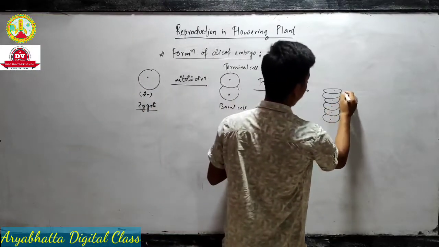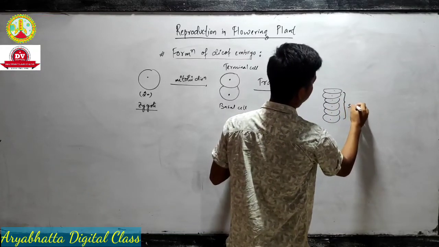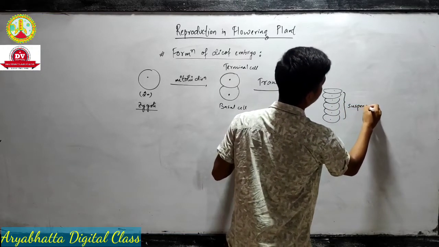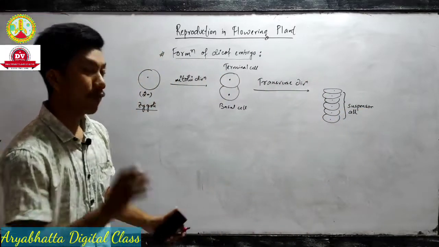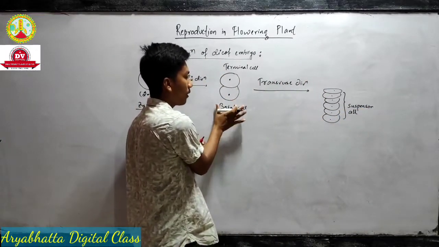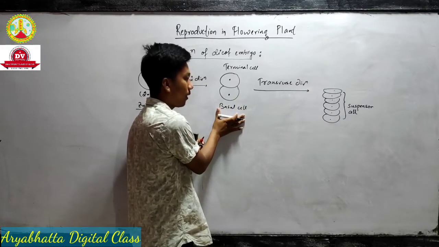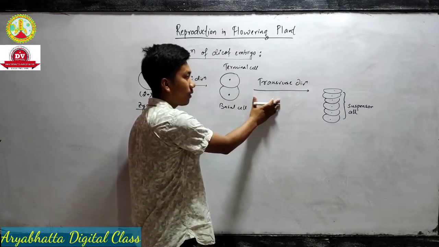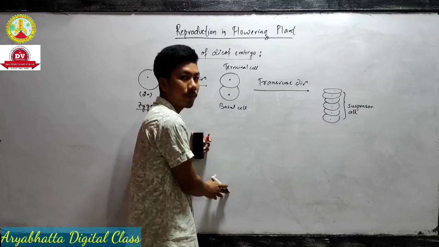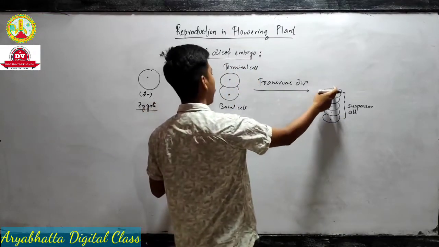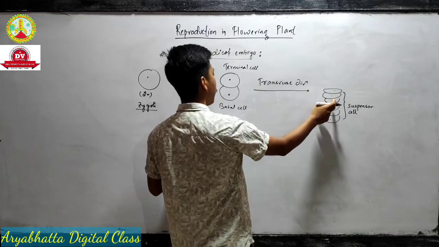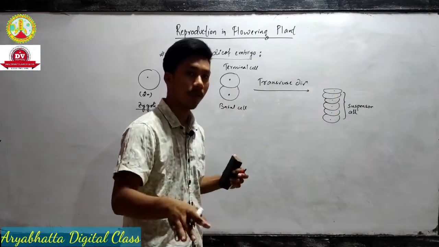Those cells are known as suspensor cells. So the basal cell, after undergoing transverse division, will form a long group of cells known as suspensor cells. One basal cell will give rise to two, then two cells give rise to four, and the four again give rise to eight, and so on.